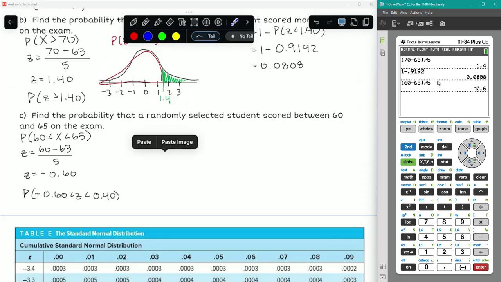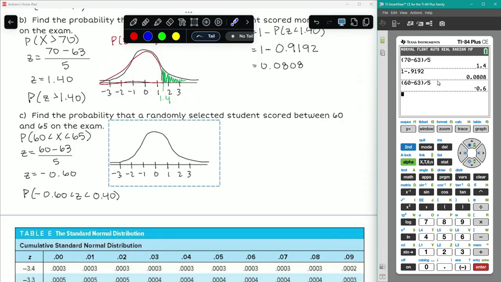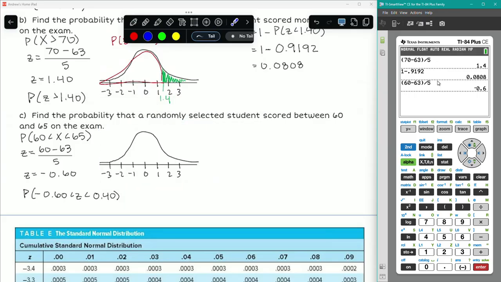So we're going to go ahead and go back to our picture for the standard normal distribution, and I'm going to mark those boundaries. So I have one at negative 0.6, I have one at positive 0.4, so I'm sitting in this region here. This is the area that I'm interested in.